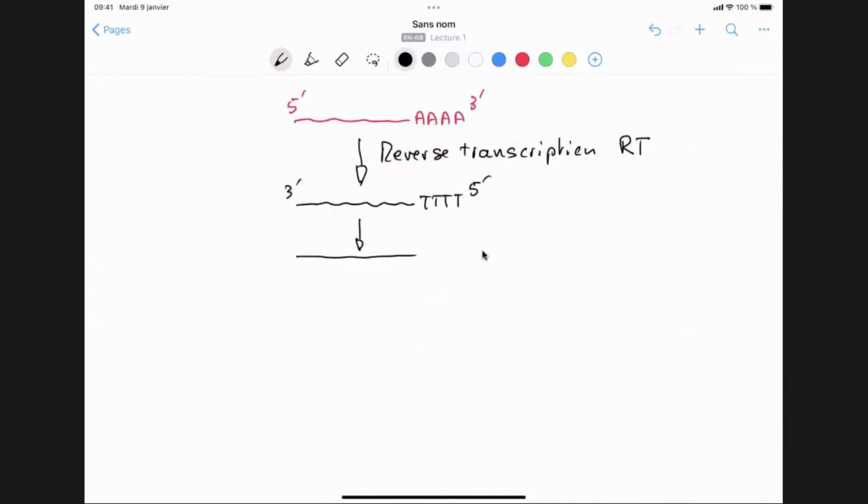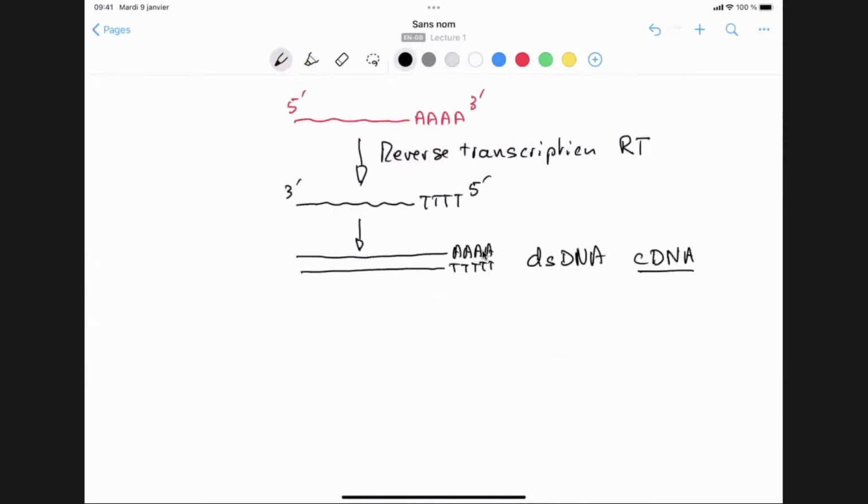I'm not going to go into detail, but at the end, what we get is a double-stranded version of DNA that is the exact copy of the mRNA. So this is double-stranded DNA, which we generally call cDNA.